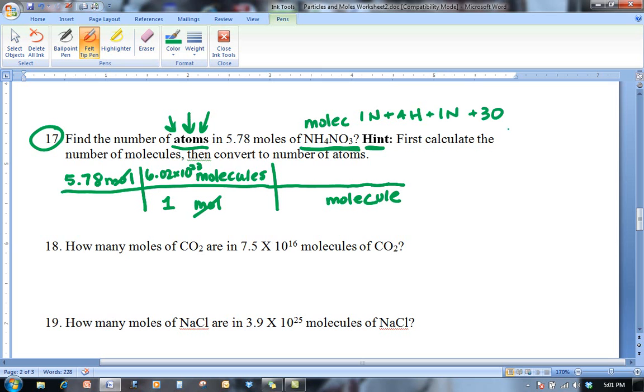So when I add up those numbers, 1 plus 4 is 5, plus 1 is 6, plus 3 is 9 atoms.